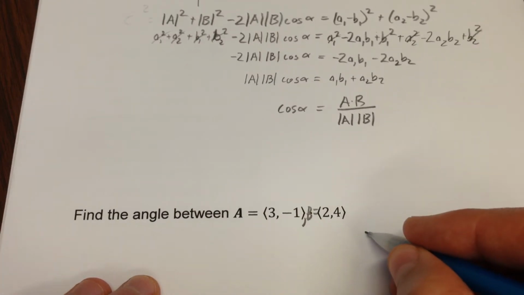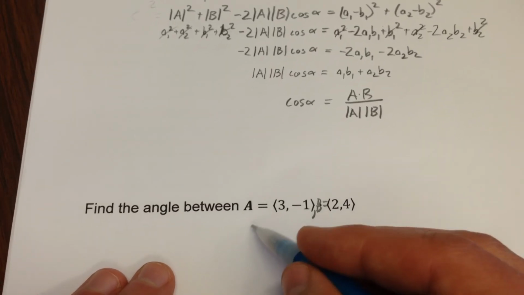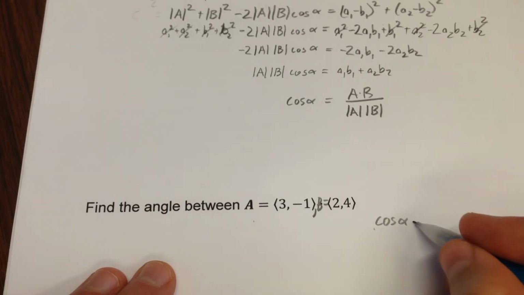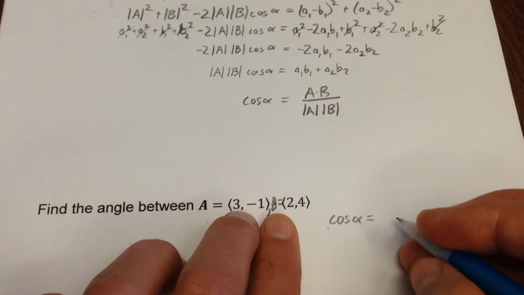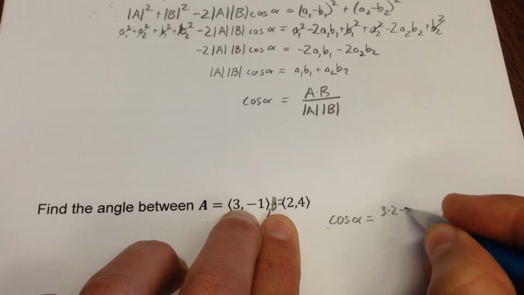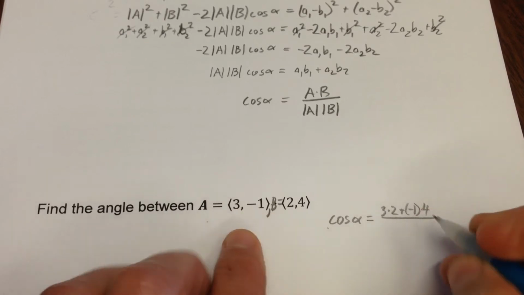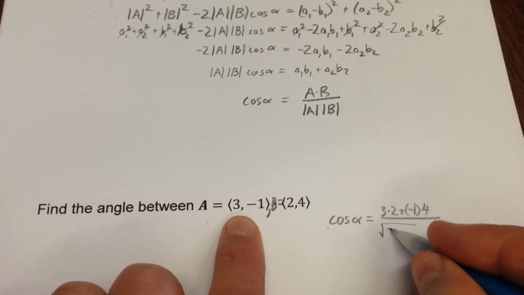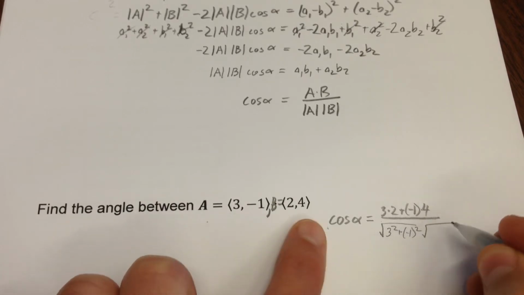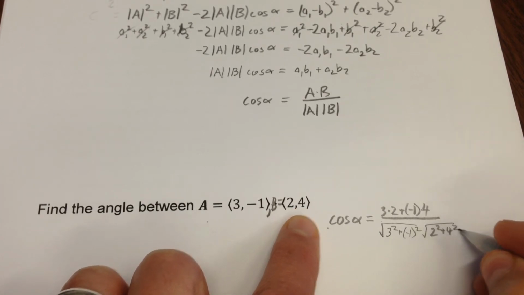Well, I'm going to calculate that angle by thinking about cosine of alpha equals A dot B, so that's 3 times 2 plus negative 1 times 4 over the magnitude of A, so that's the square root of 3 squared plus negative 1 squared, times the magnitude of B, which is the square root of 2 squared plus 4 squared.